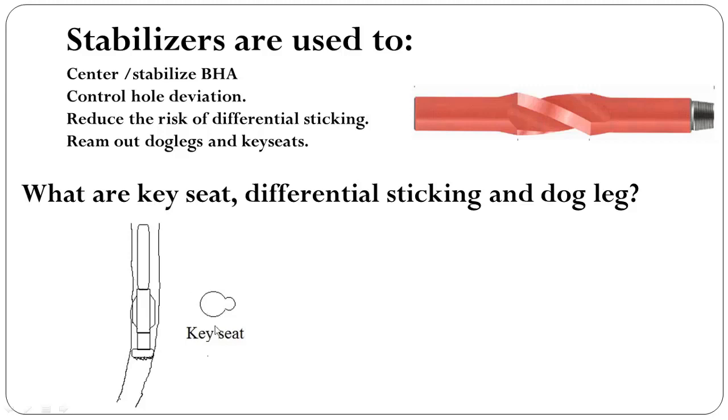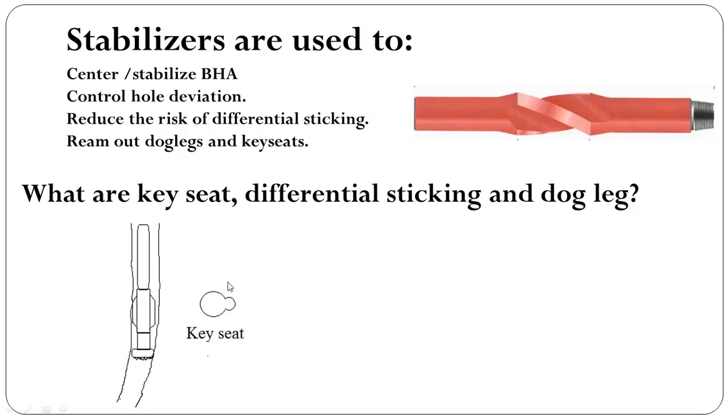A key seat looks like this: this is the main bore, and this one is the small hole created inside the drilled hole, and this is called a key seat. Due to this key seat, when we pull out of hole, the tool joint of the tubular will not be able to come out, and we will need back reaming. We can go freely down, but we will not be able to come out, and we will observe that our pole or string gets stuck.